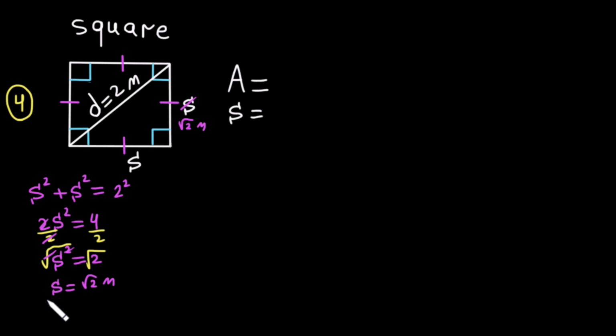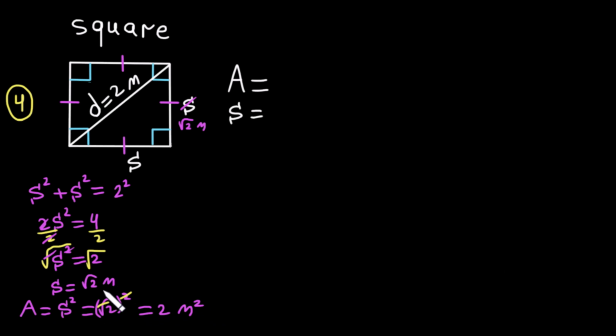Now let's find the area. The area, as we know, equals s squared, the side multiplied by itself, which is the square root of 2, and the whole thing squared. And of course, this square will vanish with this square root, equal 2 square meters.